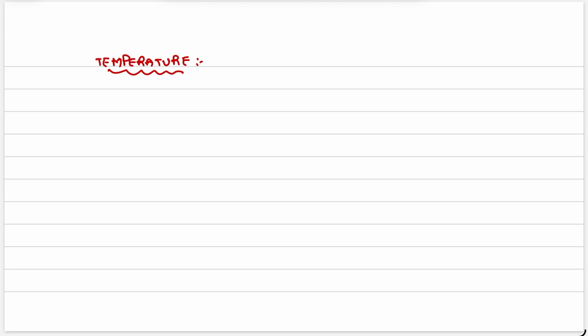Now, what is temperature? There are many ways of measuring the temperature.